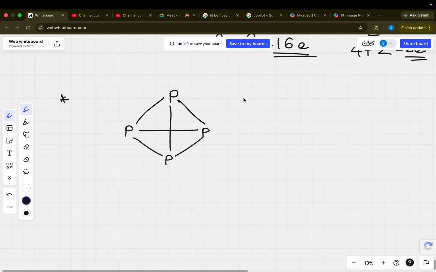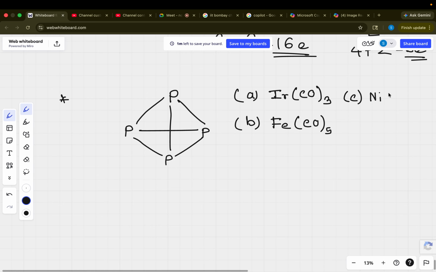Okay, so this is replaced by what? Option A is iridium CO whole 3. Option B is your Fe CO whole 5. Option C is your Ni CO whole 2, and option D is your CpNi. Okay, do it.